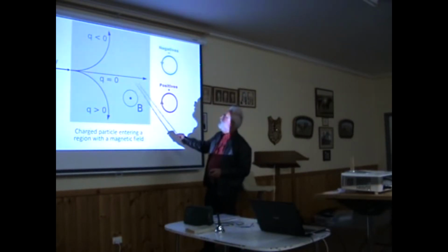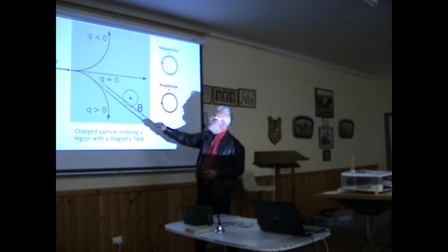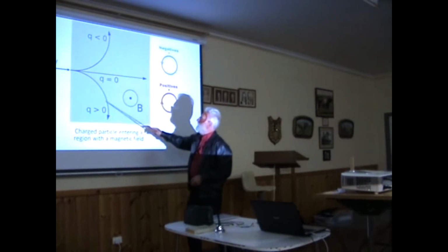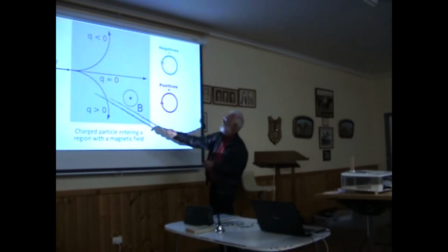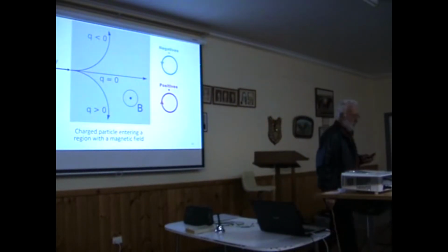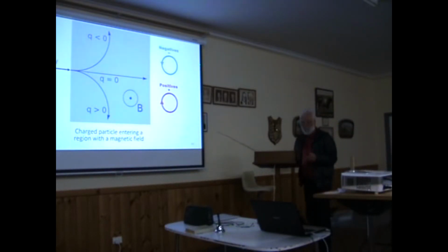If the charge is positive, you can use your right-hand rule, V cross B, and it goes around in clockwise circles, and if your charge is negative, it goes around in the opposite direction. So that's what happens when a moving charged particle enters into a magnetic field.